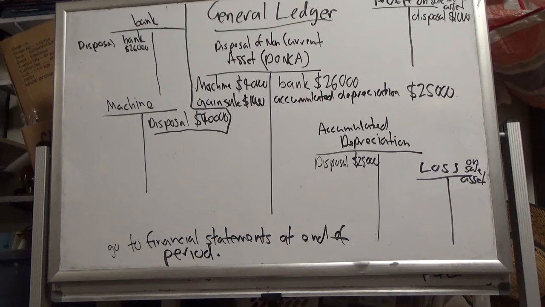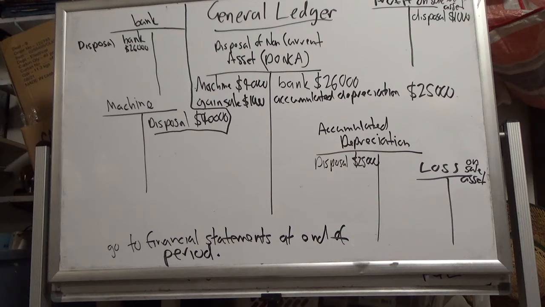Finally we deal with the profit on the sale of the machinery. We don't have to mark anything for loss. We only needed it if we needed to, but in this case it was a gain. And the debit item is DONCA, $1,000. The credit is profit on the disposal of the asset, $1,000, consistent with the P&L income a credit item.